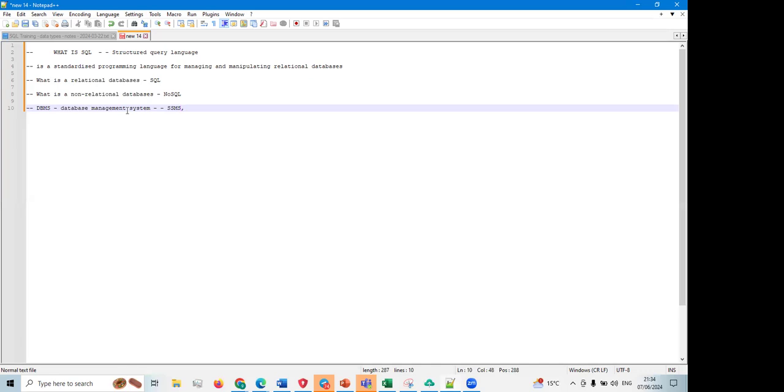We have DB2. We have PostgreSQL, etc. And this one, I think, is MongoDB.